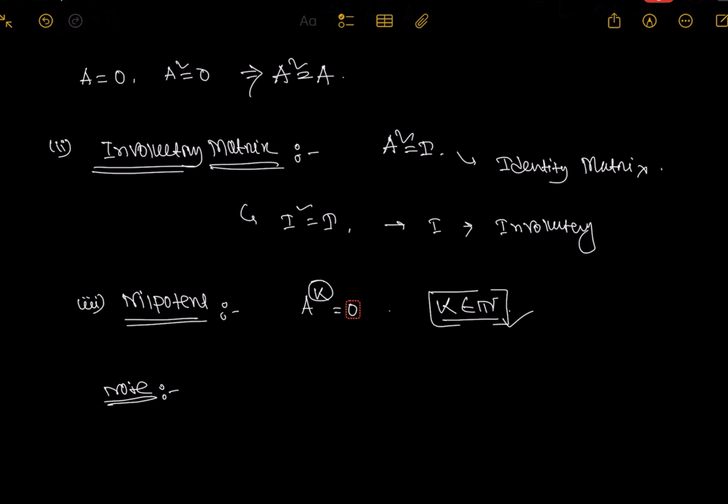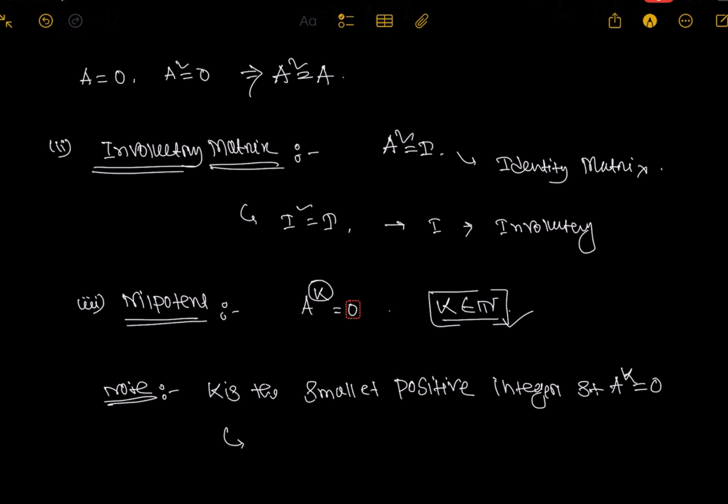If k is the smallest positive integer such that A to the power k equals 0, then this k is called the index of the nilpotent matrix.